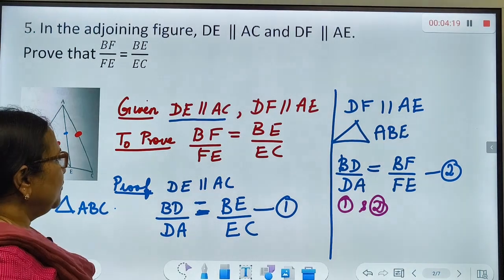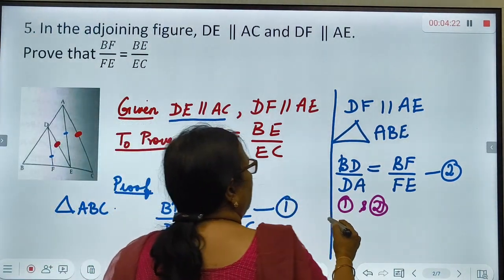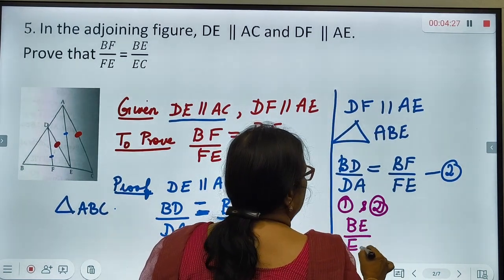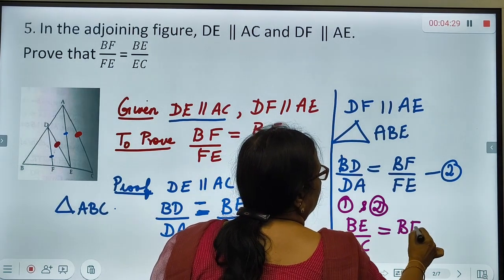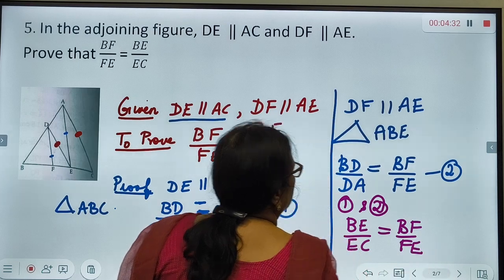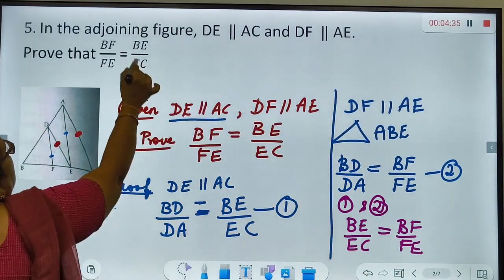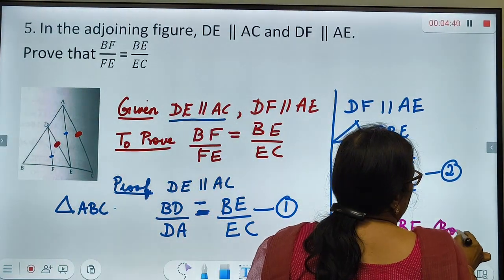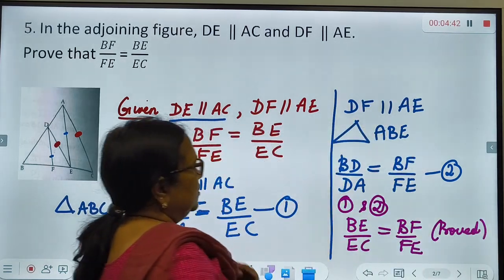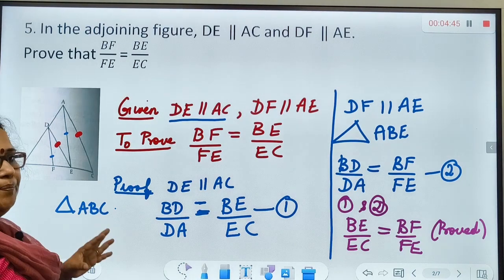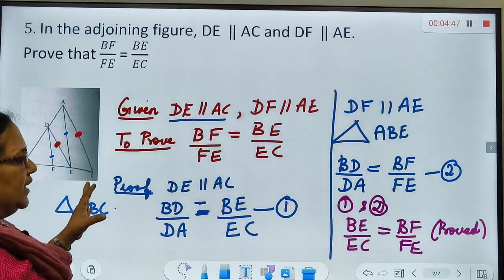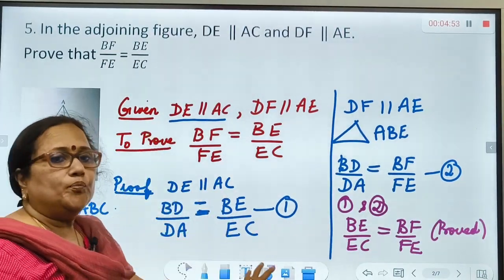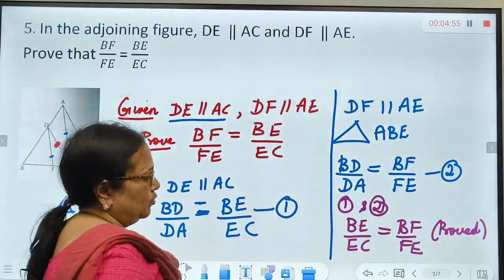From 1 and 2, the left hand sides are equal. Therefore, the right hand sides must be the same. So, BE by EC is equal to BF by FE. This is what we wanted to prove. We understand it's a simple application of BPT in the given triangles according to the given information. So, use the given information to prove whatever statement you are required to prove.